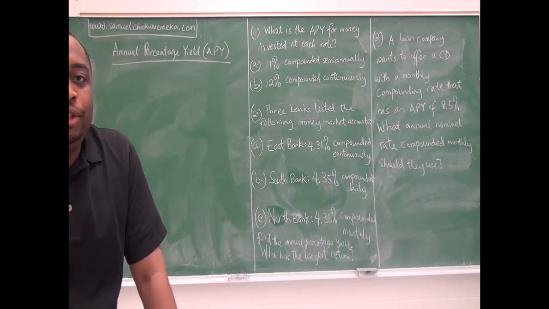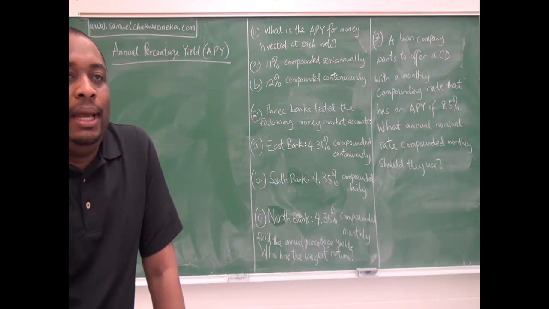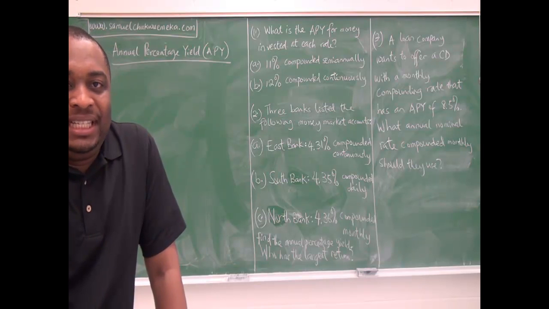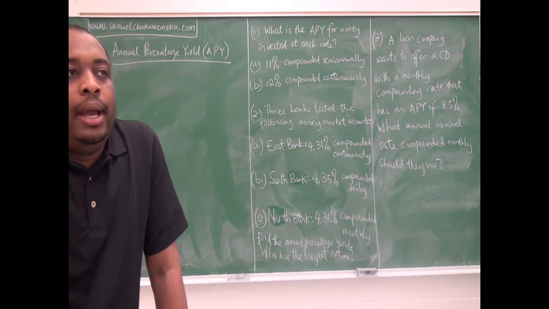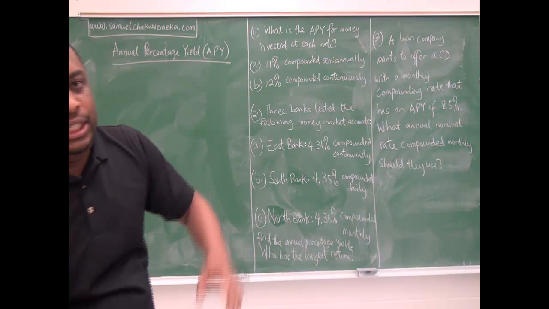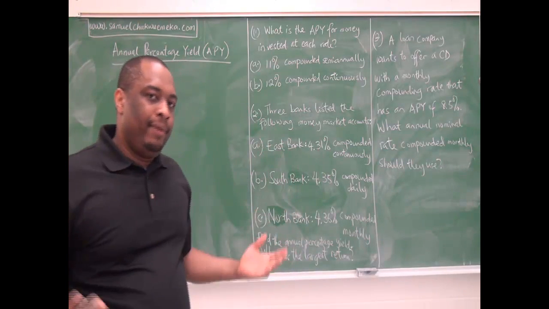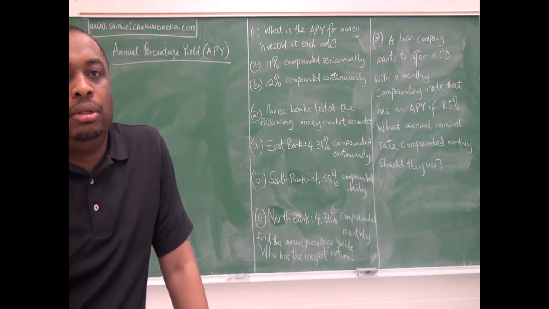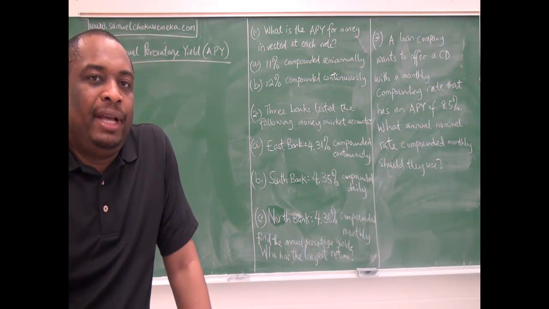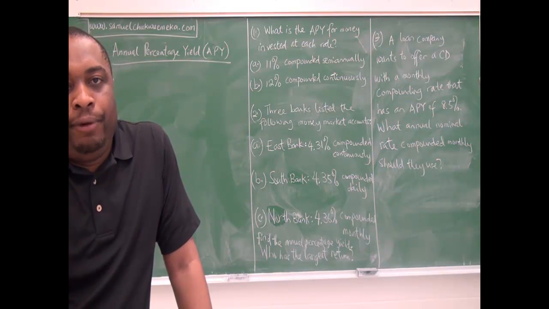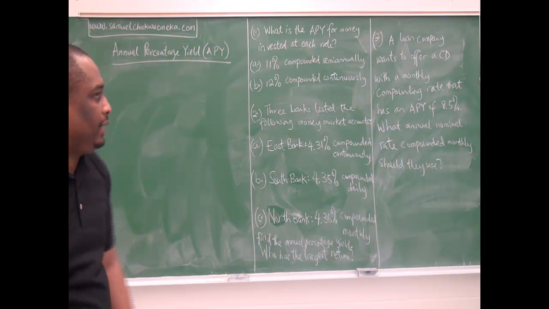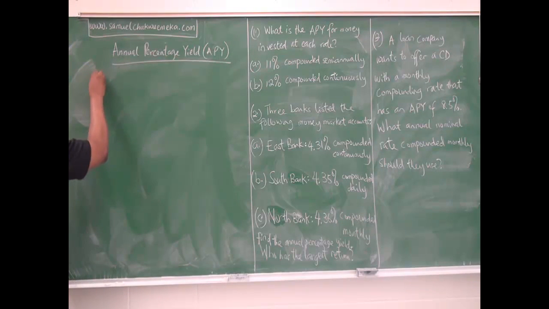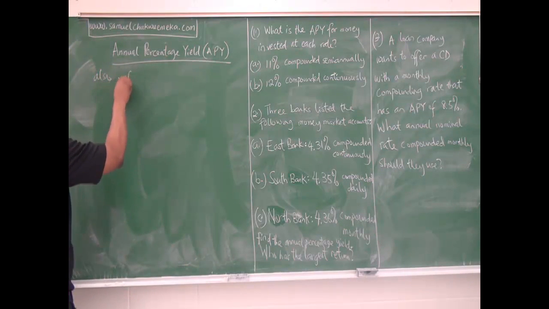In this video session, we shall discuss the APY, annual percentage yield. Annual percentage yield is used for comparing investments, and it is also sometimes referred to as the effective rate or true interest rate.